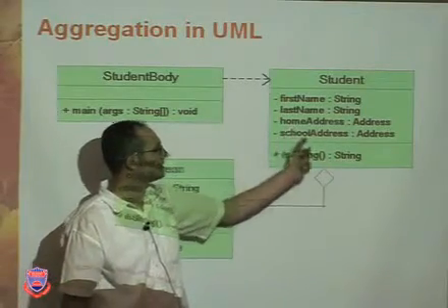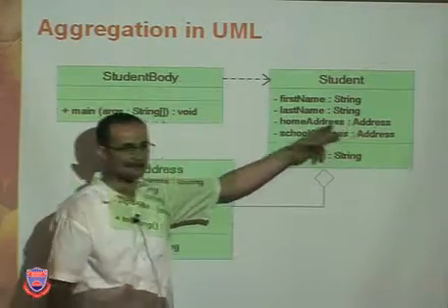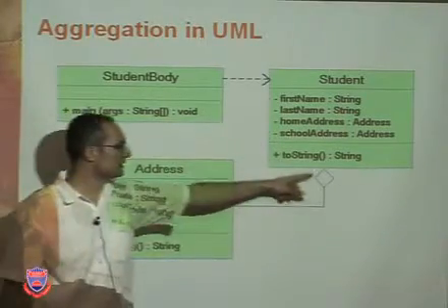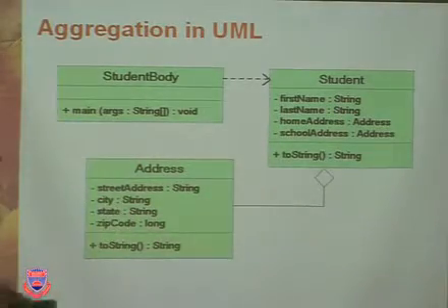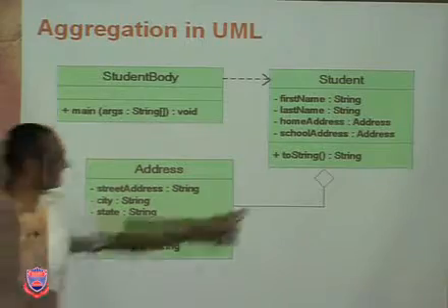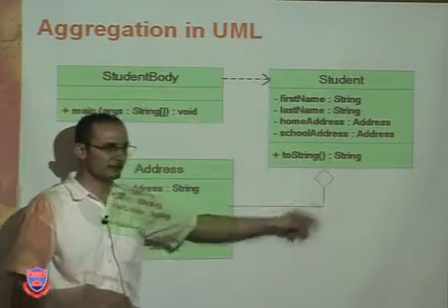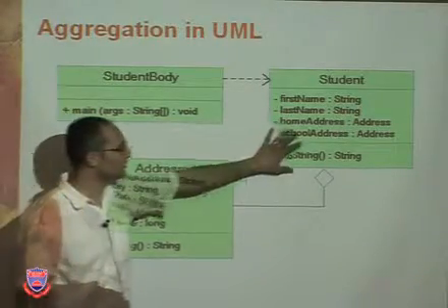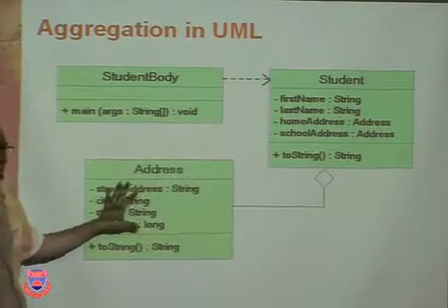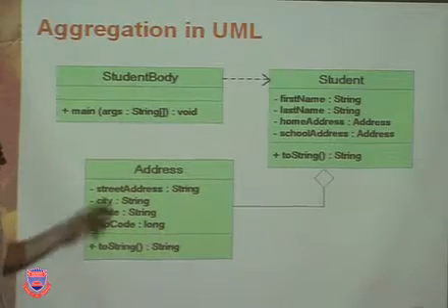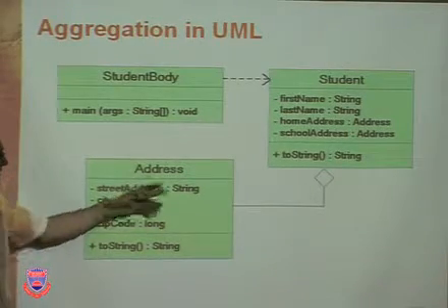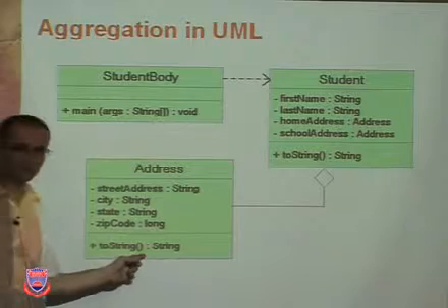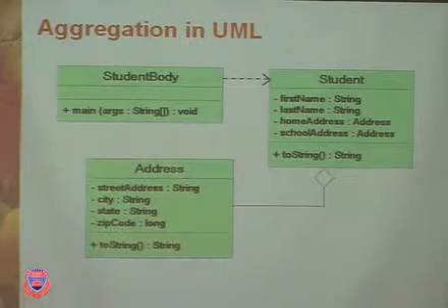And when you look into home address and school address, they're both class address. So it is actually using this address class, which is indicated by the empty diamond here. It means that student has an address field in it. The address class again has the instance variables, and again the toString method at the end.